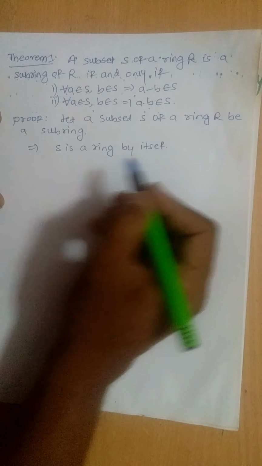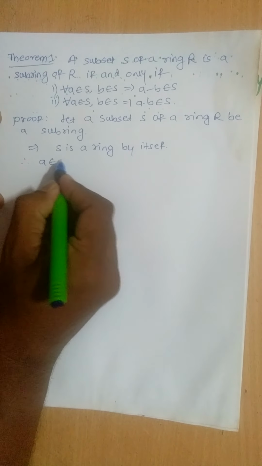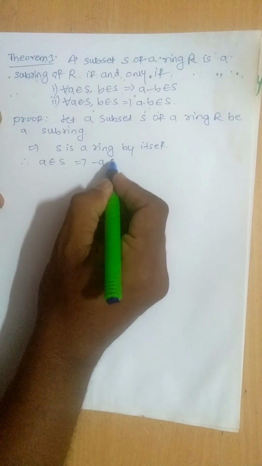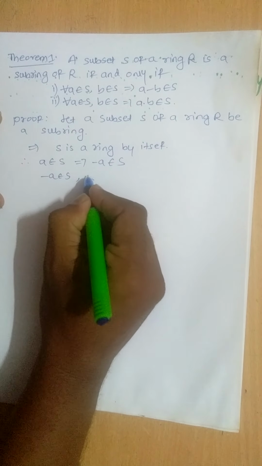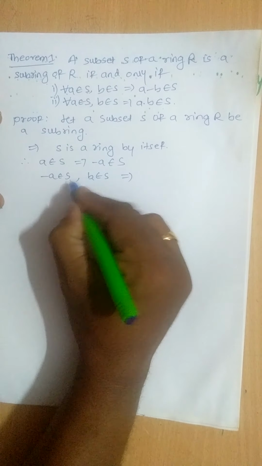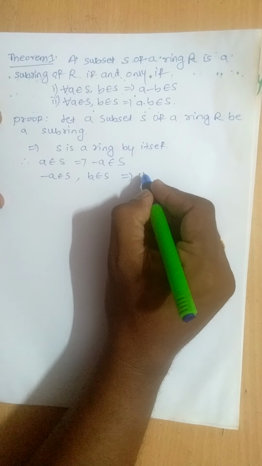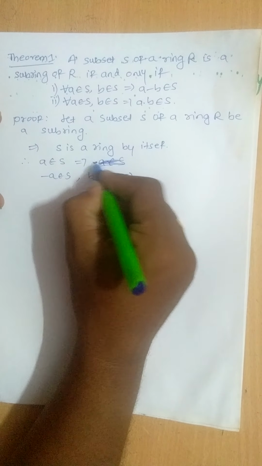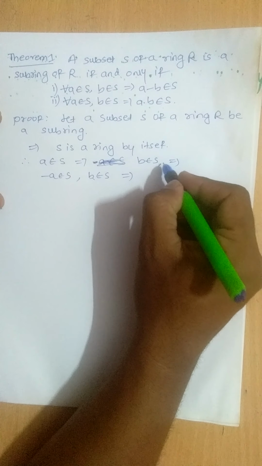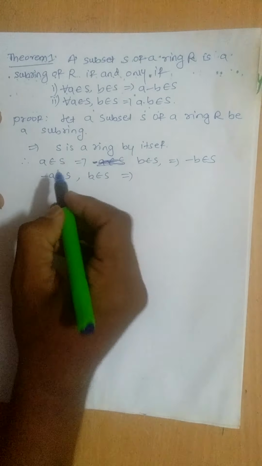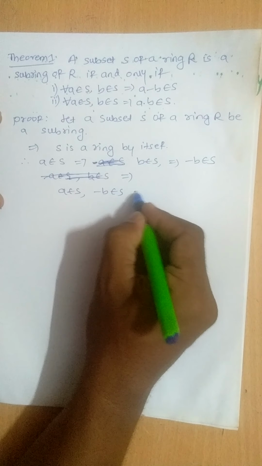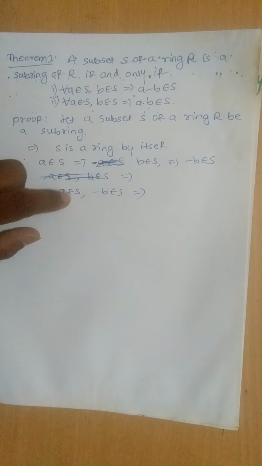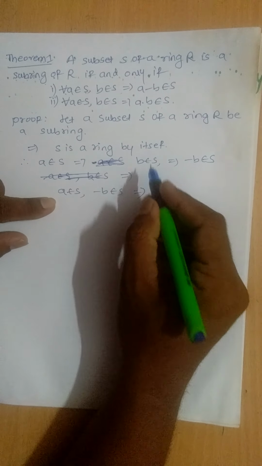Therefore, a belongs to S implies minus a also belongs to S. Similarly, b belongs to S implies minus b belongs to S. Now from these two conditions, a belongs to S and minus b belongs to S, and the law of addition holds because S is a ring.